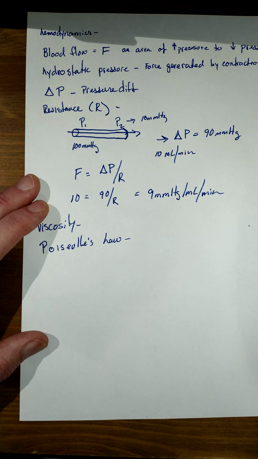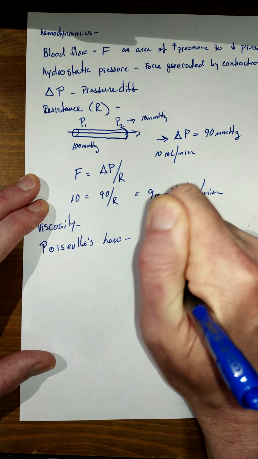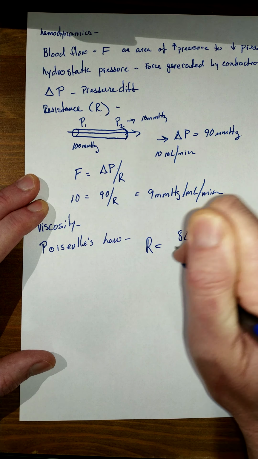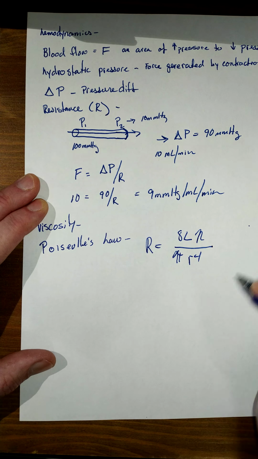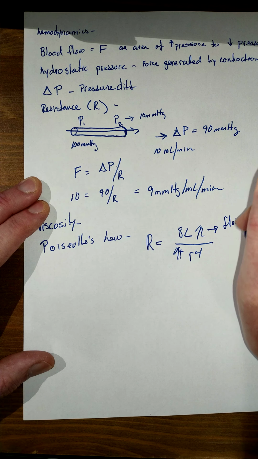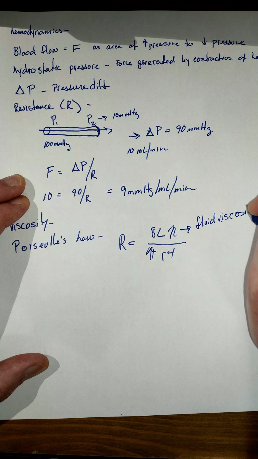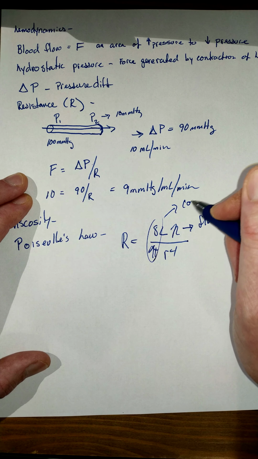My French is a little crummy, which gives us resistance equals 8 times viscosity times L over pi r to the 4th power. So that's our fluid viscosity. 8 pi is a constant.